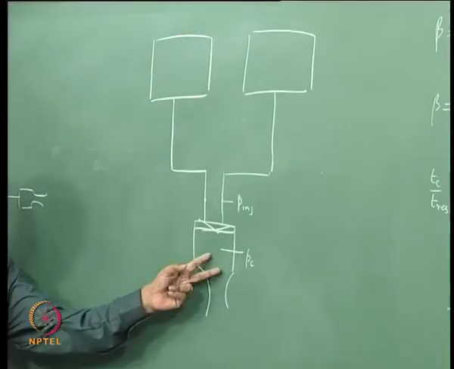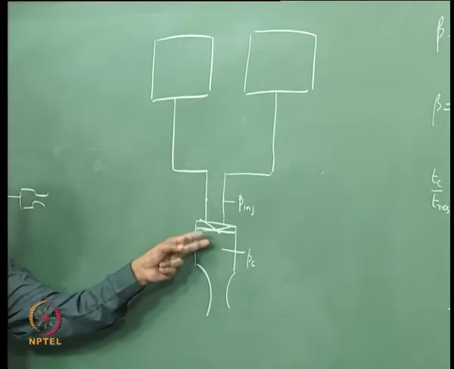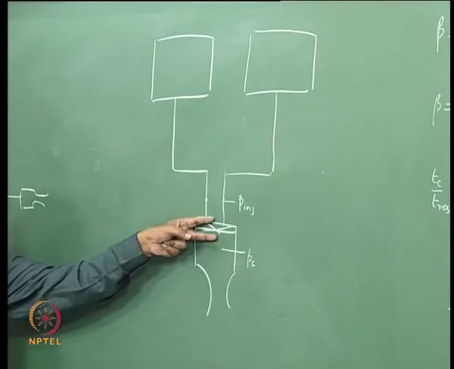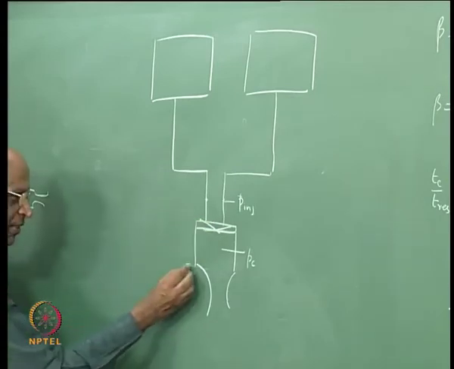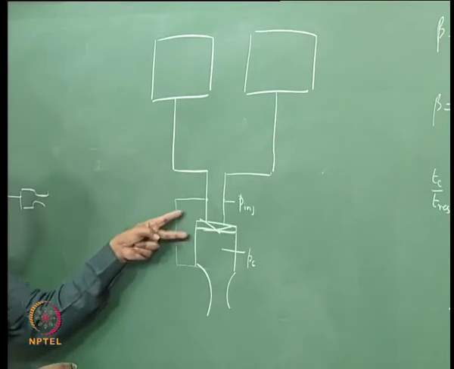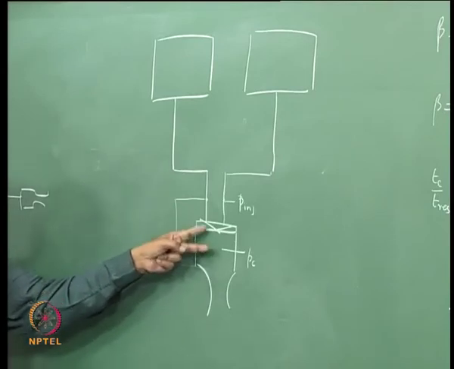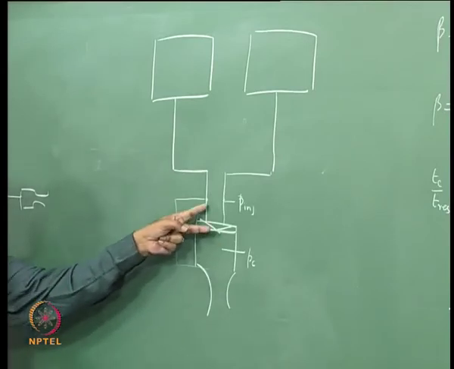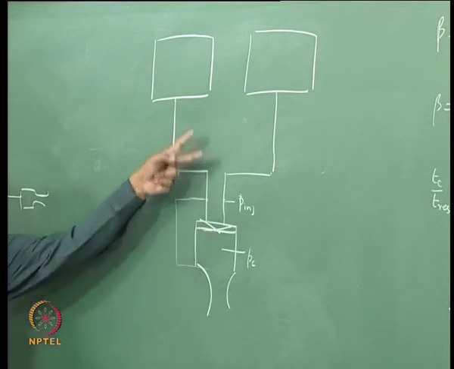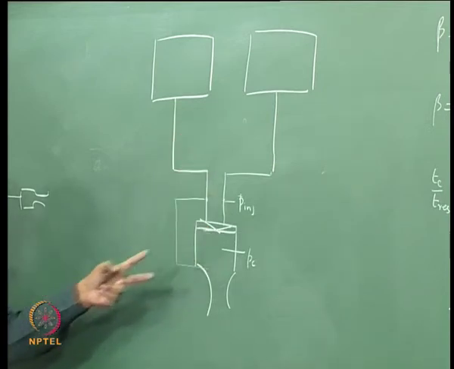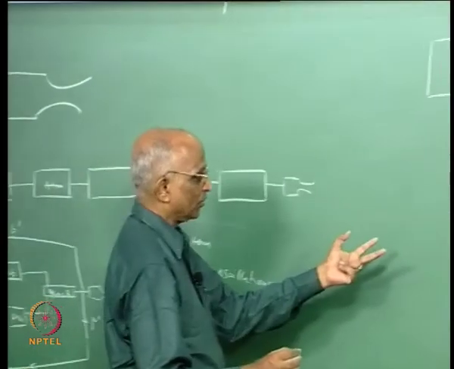Any pressure change creates a differential flow over here. In other words, this is what gives me the feedback, that is the pressure change here reflects on the flow of propellant into the chamber from the feed system.